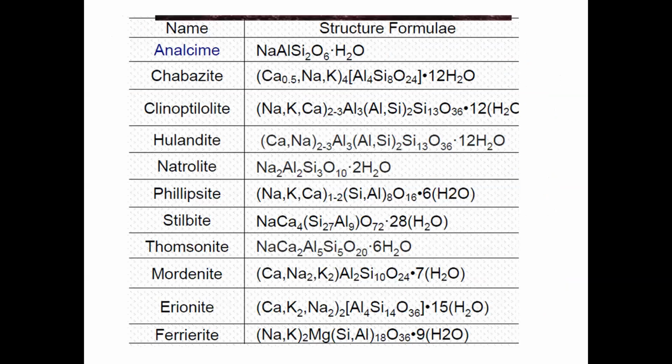So this is a slide where again there is nothing important except that there are many different types of zeolites, and you can clearly see here the differences are in the amount of silicons and aluminums and the counter ions and water molecules.